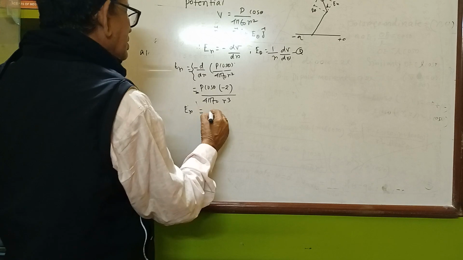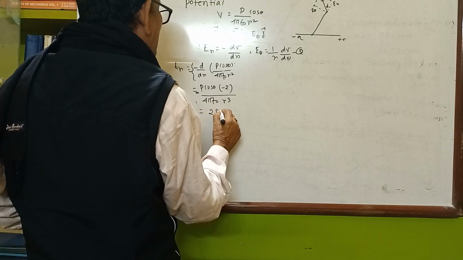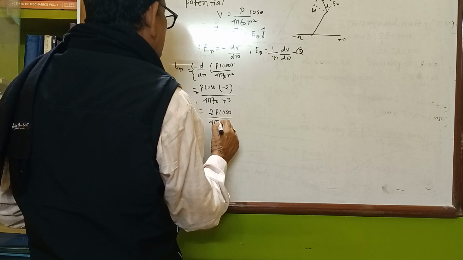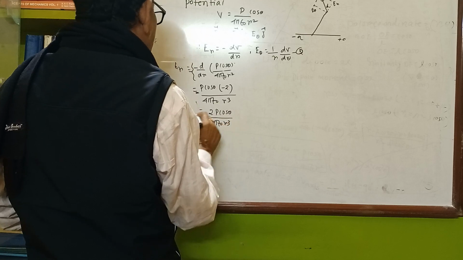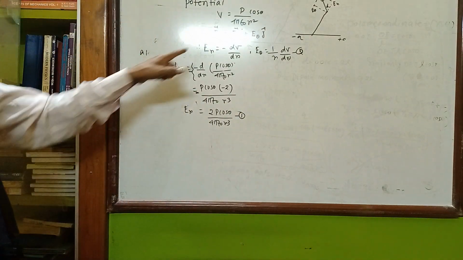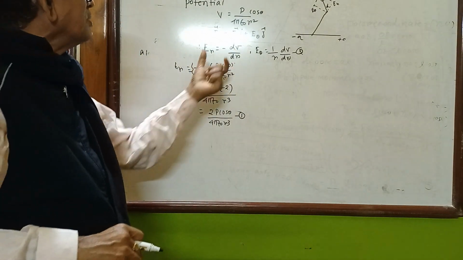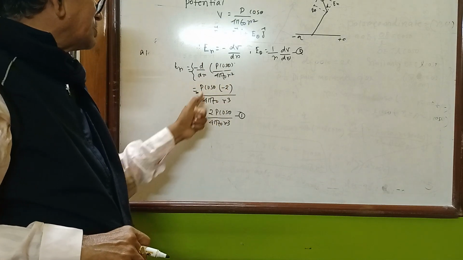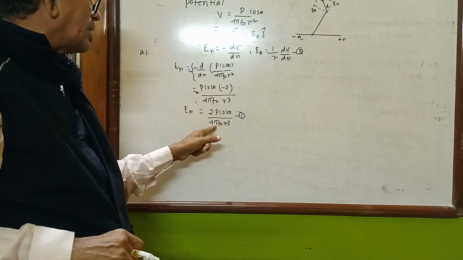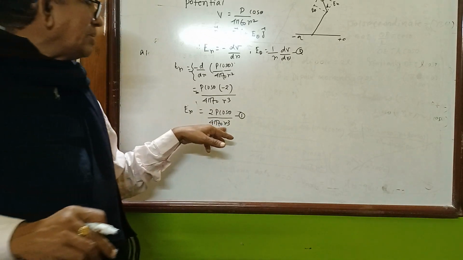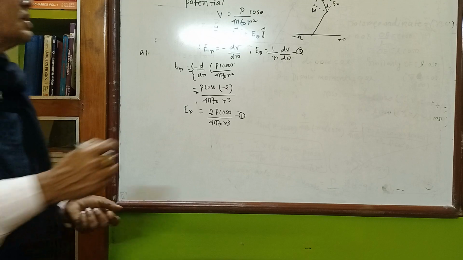So you get 2p cos theta by 4 pi epsilon naught r cube, that is E_r, equation number 1. Clear? Again, E_r equals minus dV by dr. First calculate dV by dr, then minus and minus make plus, so 2p cos theta by 4 pi epsilon naught r cube. Always remember, electric intensity is inversely proportional to r cube.